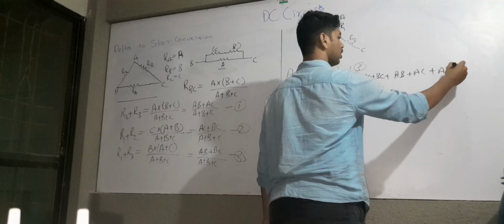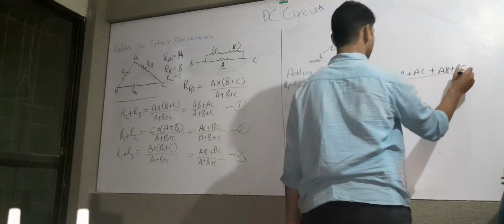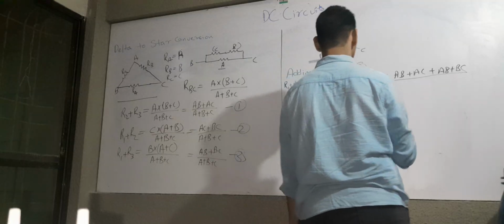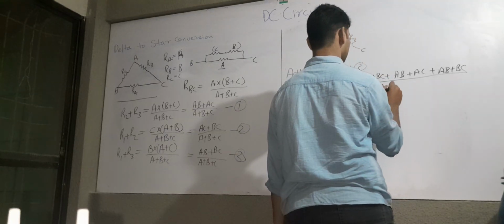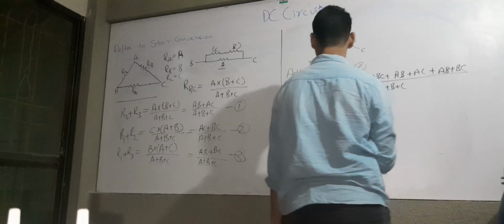Since everyone's denominator is the same, it would be A plus B plus C.